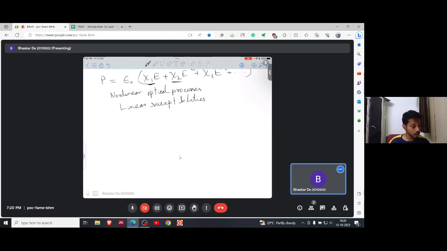Chi 2, chi 3, these are referred to as second and third order nonlinear optical susceptibilities.